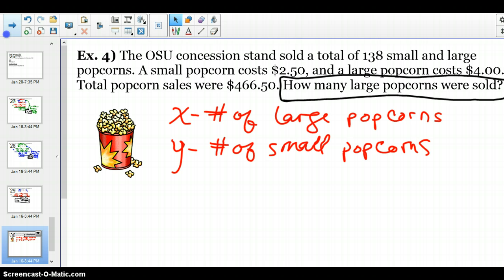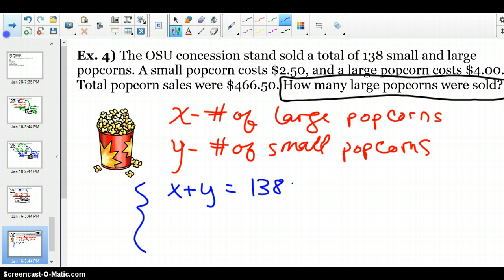And you guys should be pretty good at this by now, coming up with these two equations. I'm going to come up with my system. If I sold a total of 138, I know that x plus y is equal to 138. I also know that I had a total of $466.50 in sales.